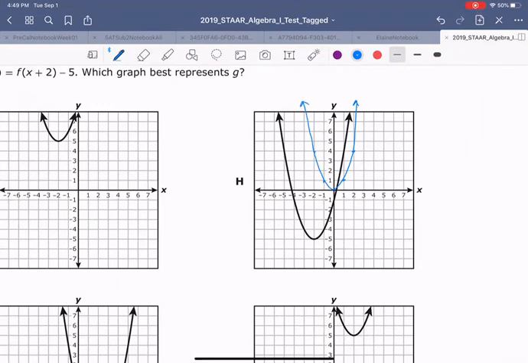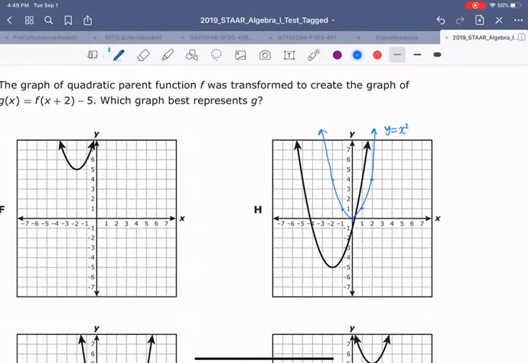Okay, this is your original function, y equals x squared. This is called y equals f of x. f of x equals x squared.